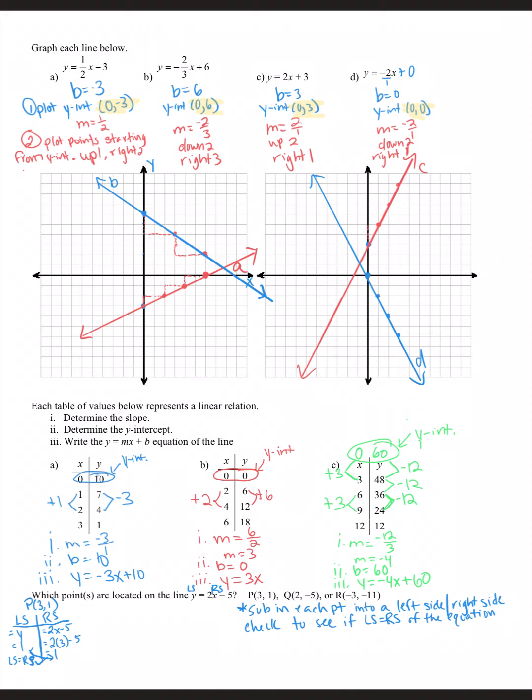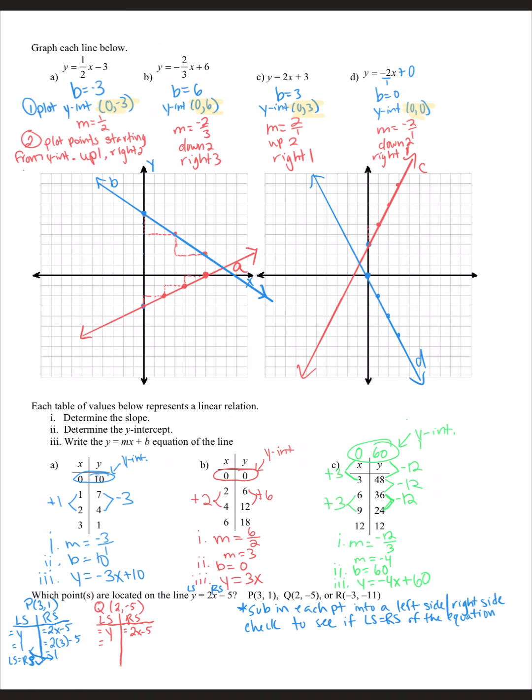Okay, let's try point Q, which is (2, -5). We're going to, again, set up a little left side, right side check. So my left side, again, is y, and my right side is 2x minus 5.